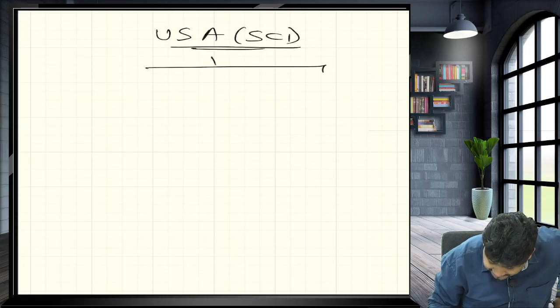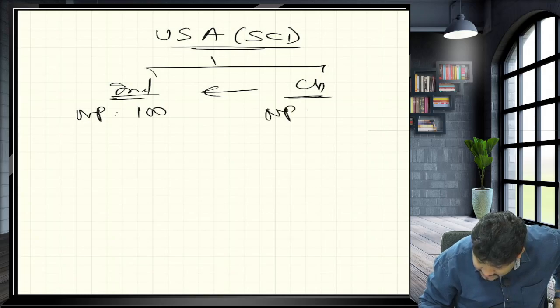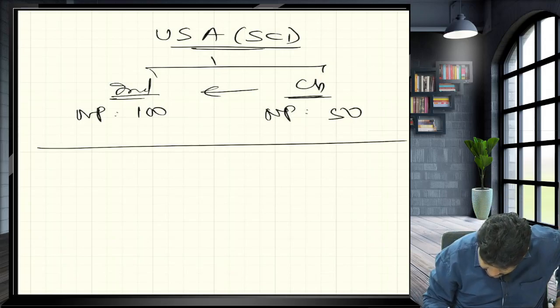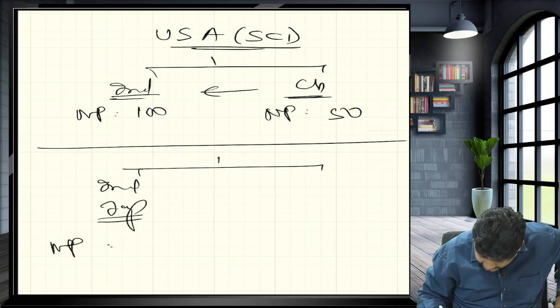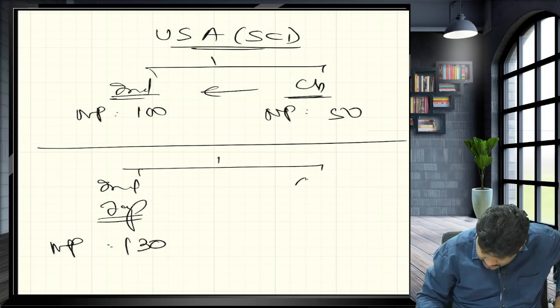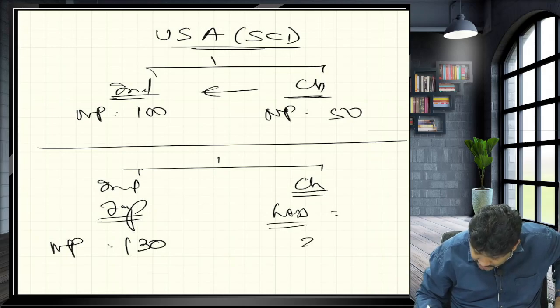Just pay attention. Suppose you are the chartered accountant of USSCI. Currently, if China sells to India, then in that case India is making a net profit of 100 and China is making a net profit of say 50. Now if India purchases from Japan, the net profit of India will increase to 130, but China will get into a loss of 20.